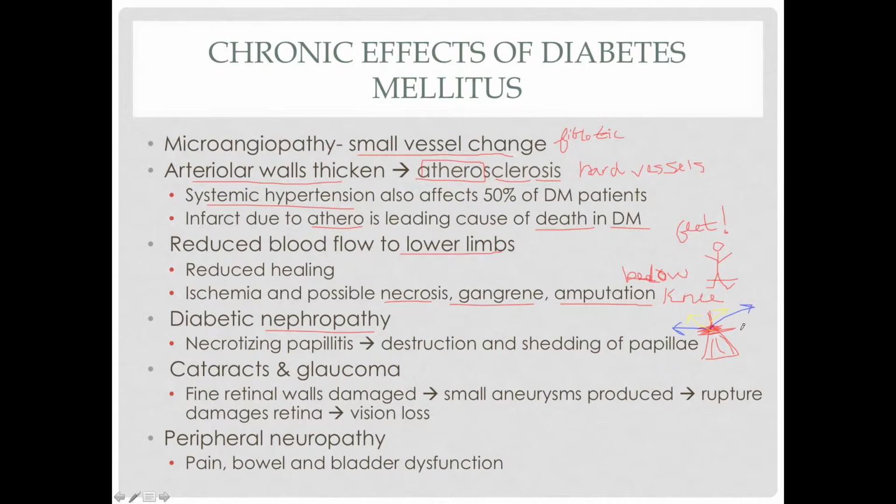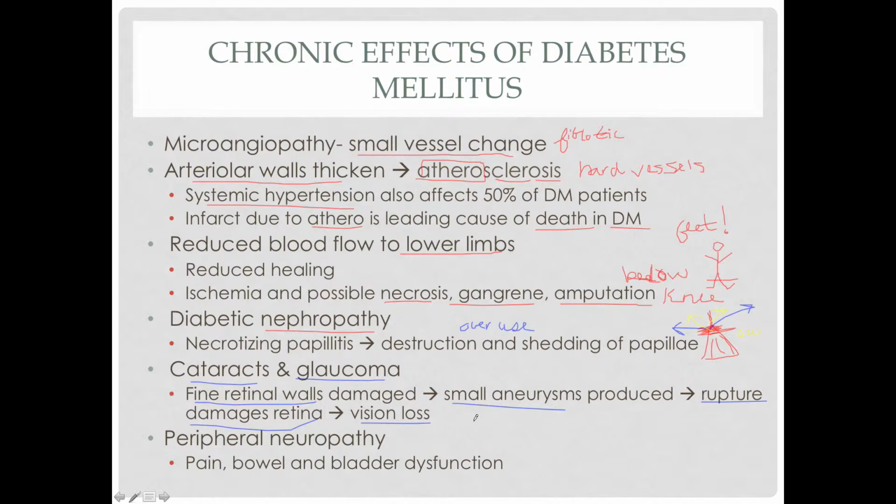Also, when people use their kidneys a lot, so just overtax them like you do in diabetes because there's so much polyuria, you can also get damage to the kidneys that way. So kidneys and diabetes go together quite nicely. Cataracts and glaucoma, because you're getting these small vessel changes, the pressure goes up, they're less compliant. You could have small aneurysms develop, and if they rupture within the retina, that causes irreversible vision loss.